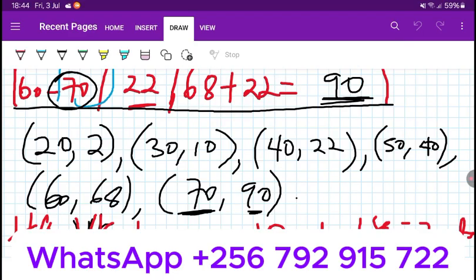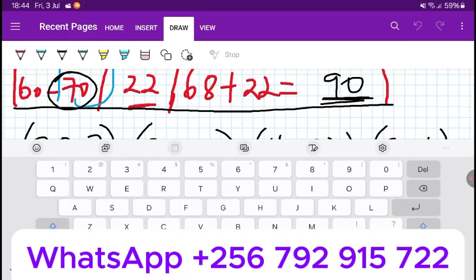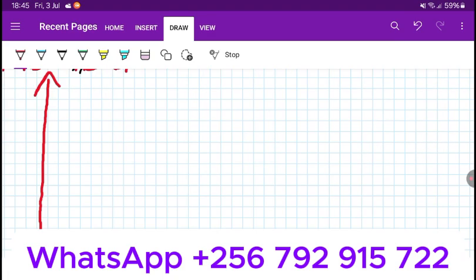So we can now go ahead to draw our graph. We draw and then we label the horizontal to represent our class boundary, and then the vertical to represent the cumulative frequency. So for me, I'm just going to label, but remember we always start from 0.